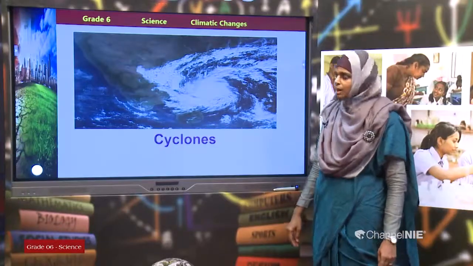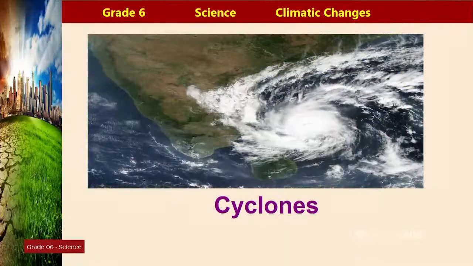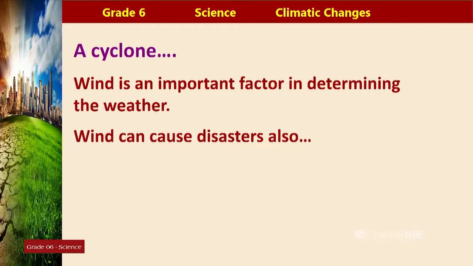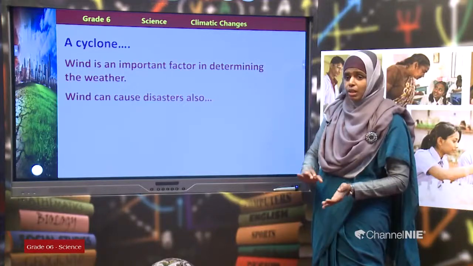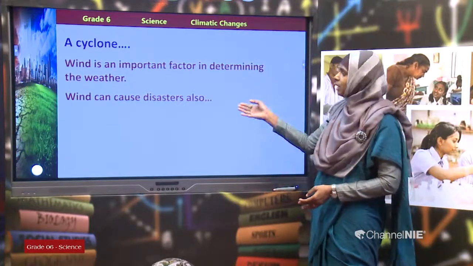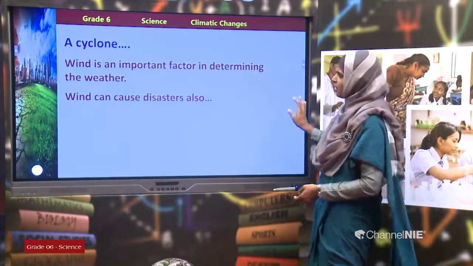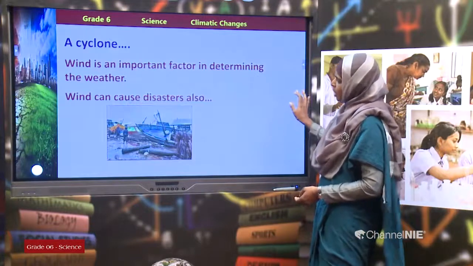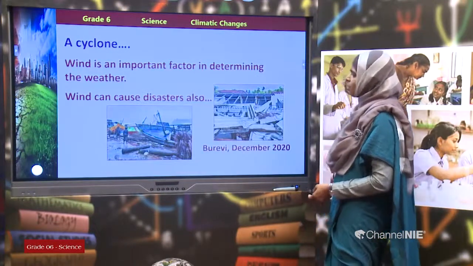First, we will look at cyclones. What are cyclones? What is a cyclone? Yes, we know that wind is an important factor which determines the weather. But wind can cause disasters. Although it is important as a factor determining weather, it can cause disasters. Let's see how much of disaster it could cause.